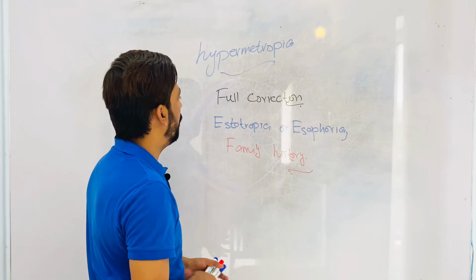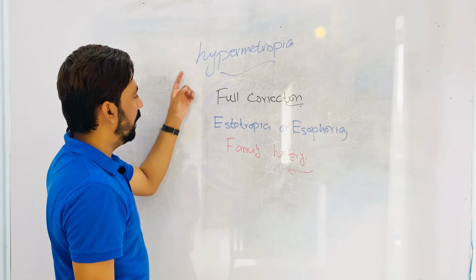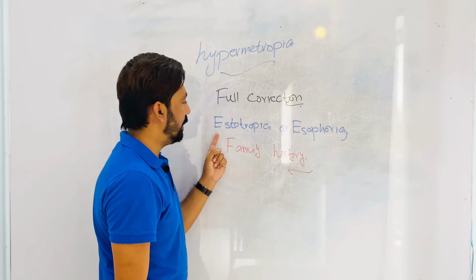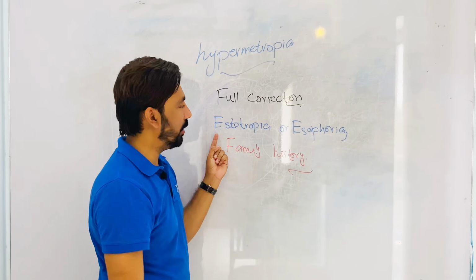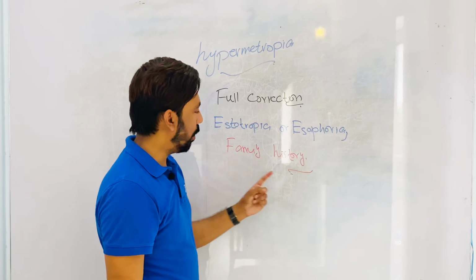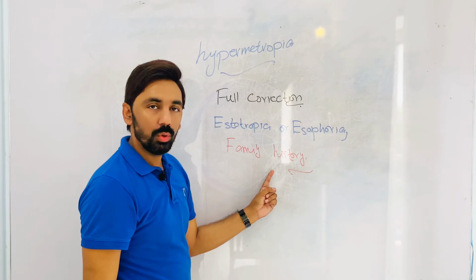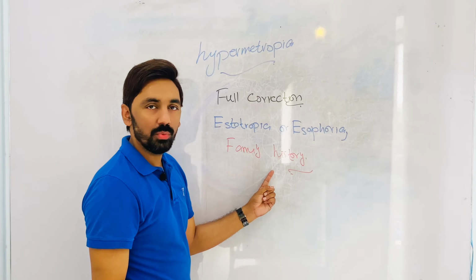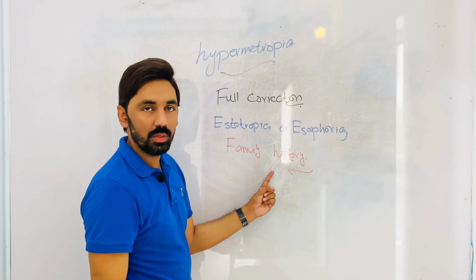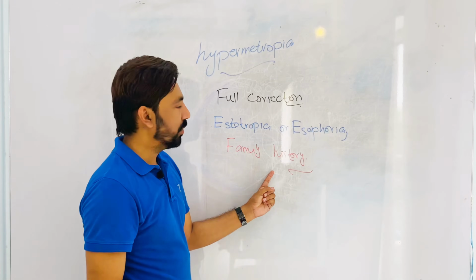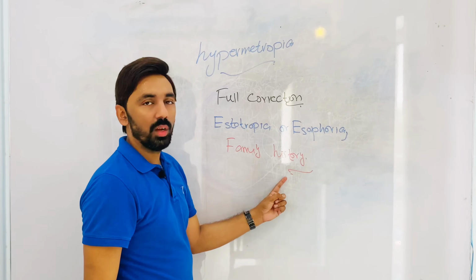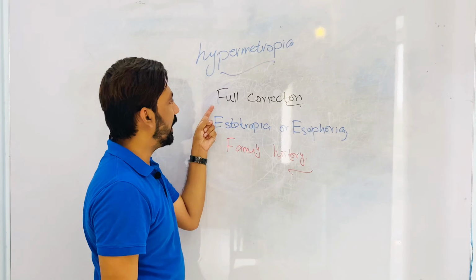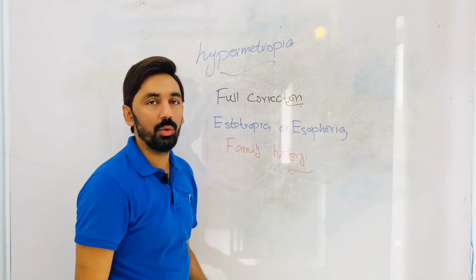Right? So if your patient has hypermetropia and you get these three conditions, suppose you have intermittent esotropia, or esophoria, or a family history of esotropia or esophoria, for example if the mother or father, or anyone in the family has esotropia or esophoria, then in these three conditions you will prescribe full correction while dealing with hypermetropia.